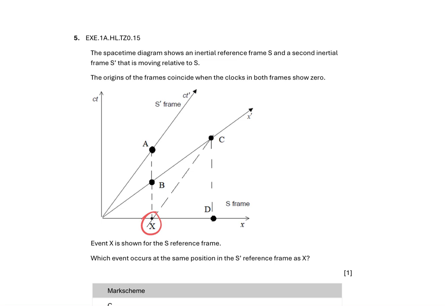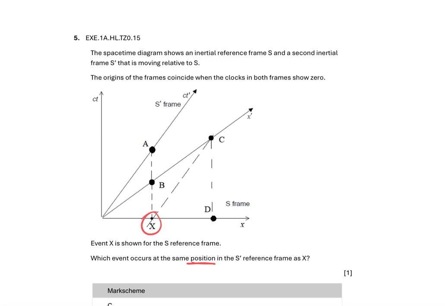And it says which event occurs at the same position, not time, position, in the S prime reference frame as X. So they would be on the same world line as relative to the S prime frames.